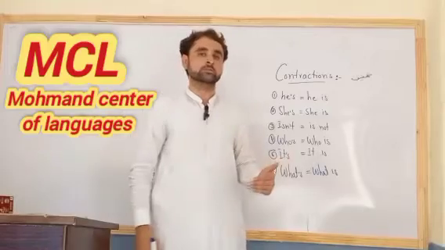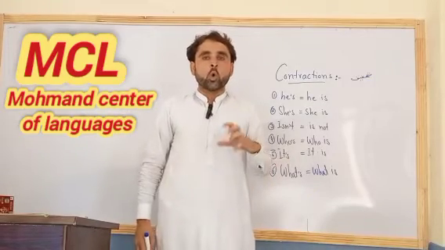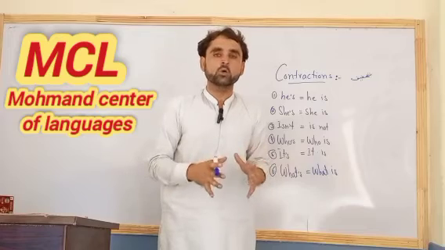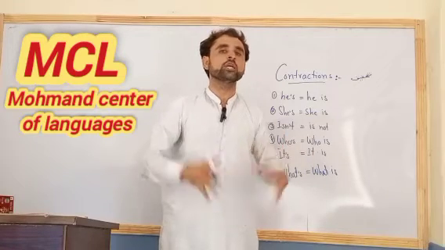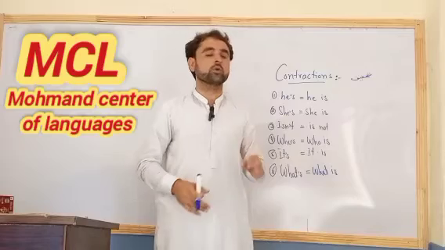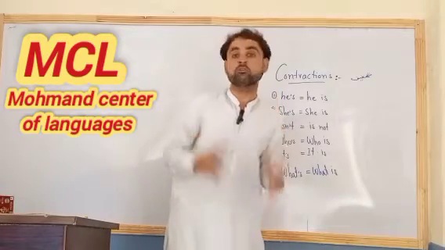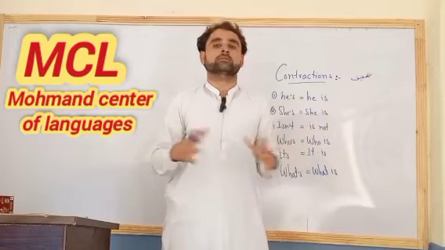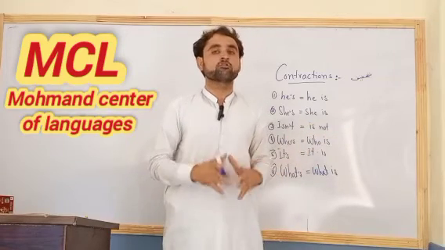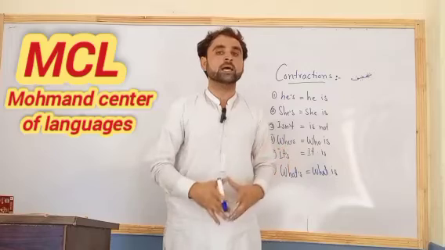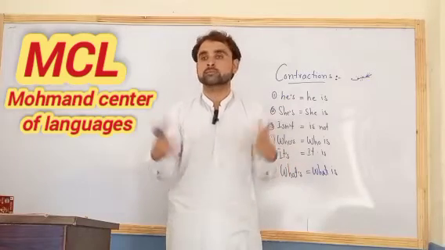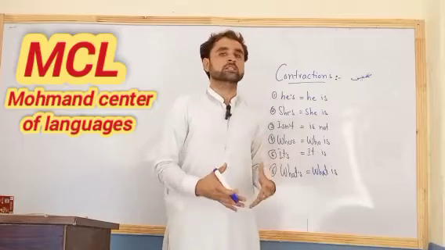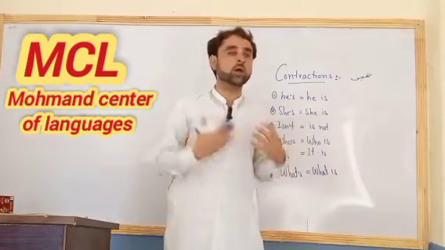Number four, who's. There are two pronunciations of whose that we often use in our day-to-day discussion. One is the whole word, as in whose book is this. But when we talk about "who apostrophe s", it means who is your best friend, who is in the class, who is there, who is here.